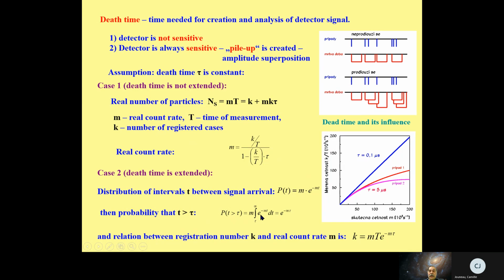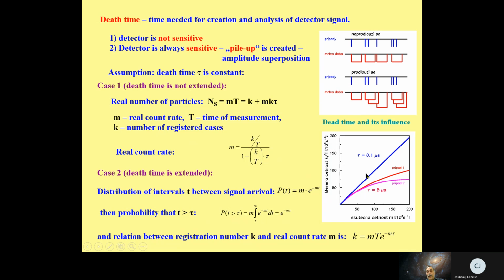It is given here, and okay, from this it's possible to obtain a relation between the registration number and the real count rate by this equation. And if you put these dependencies here, you see this is the real count rate and this is the measured count rate. And this is for different dead times. Here it is very, very small.